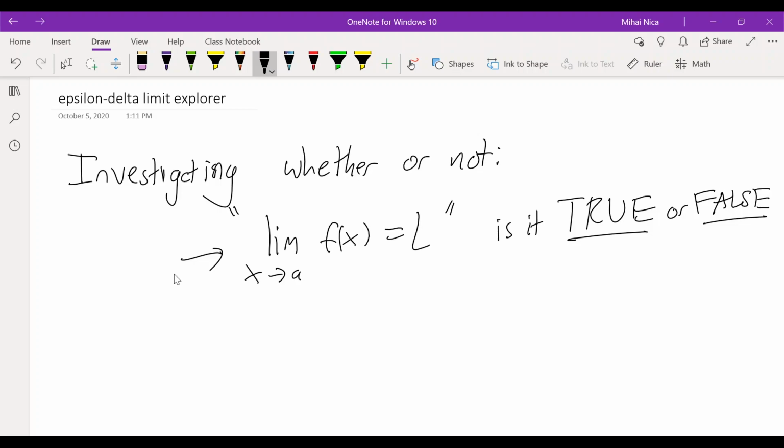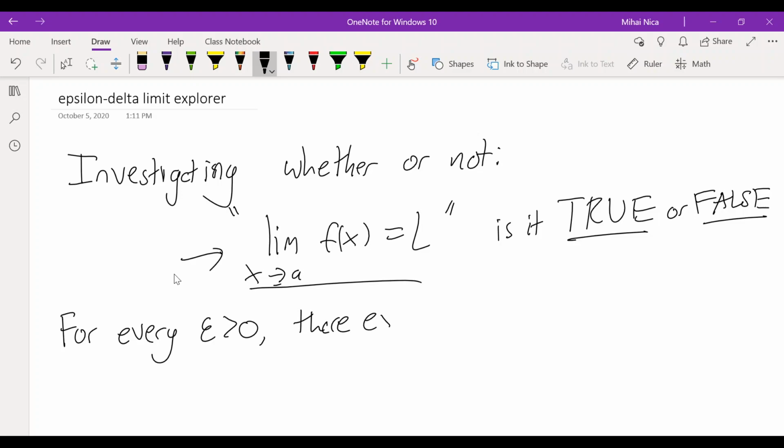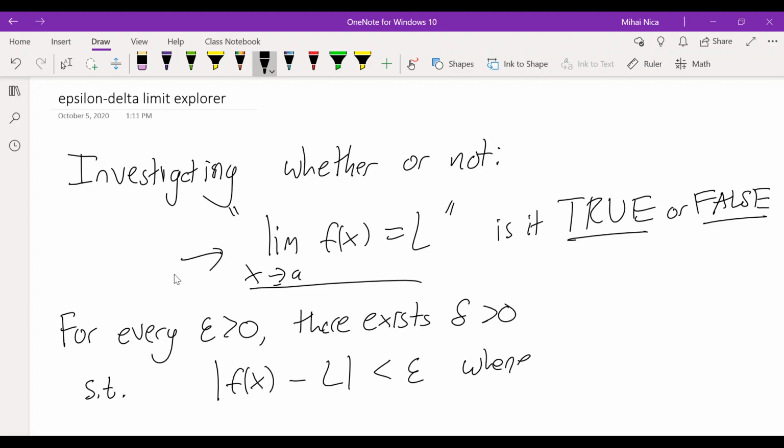Well, we said in class that this symbol, it's a long logical statement. It's for every epsilon greater than 0, there exists delta greater than 0 such that |f(x) - L| < epsilon whenever |x - a| < delta.